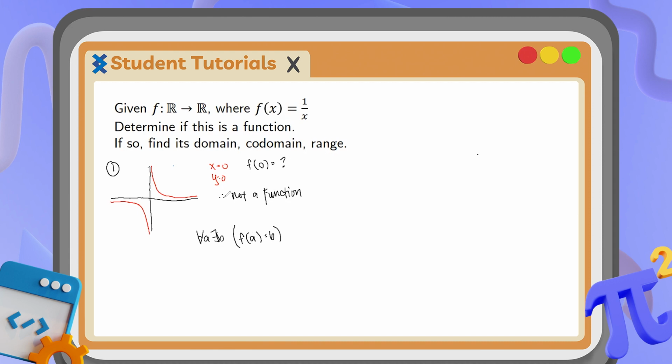But if we say a is 0, we need to find some element b that would make this true. Because no element in the set of real numbers would make this true, this would be false. And therefore, the entire statement would be false. And if the entire statement is false, then this one is not a function.